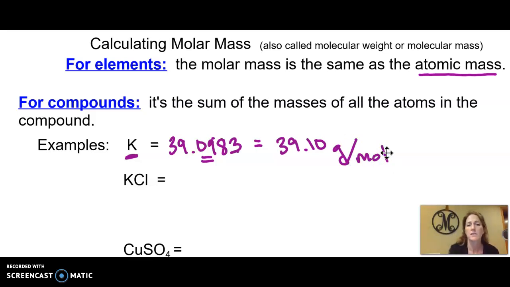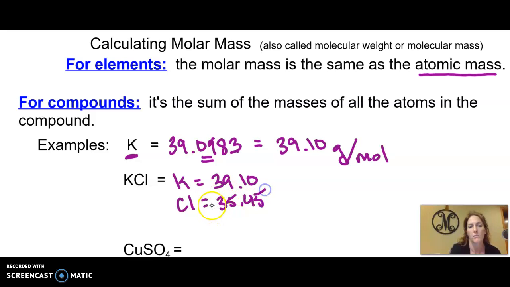Now, for compounds, we're going to sum or add up the masses of all the atoms in the compound. So for potassium chloride, potassium we determined has a mass of 39.10, and now you look at your periodic table, you find chlorine, it's going to be 35.45, and we're going to add these 2 together, and you're going to end up with a mass of 74.55 grams per mole.